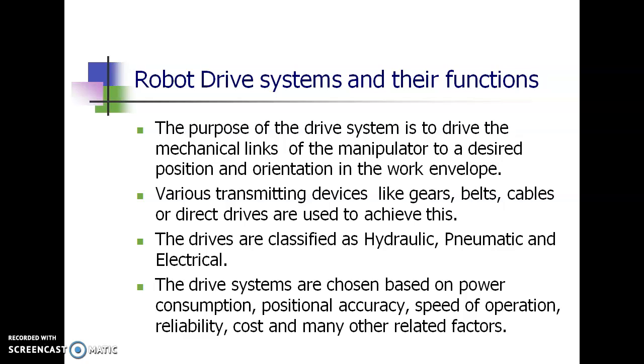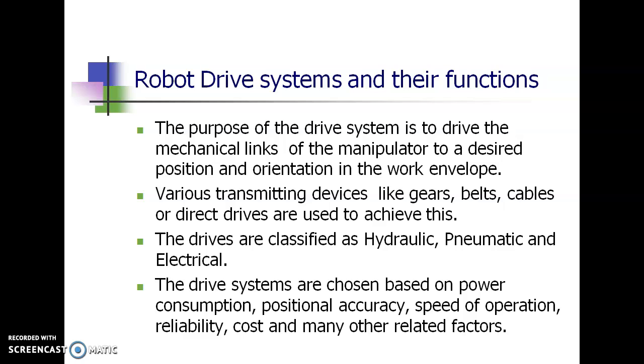These joints are going to move, so we have to provide the necessary force or power to move them. So the drives are connected to the joints for the movement of the joints. By that, the manipulator is going to do the necessary work.